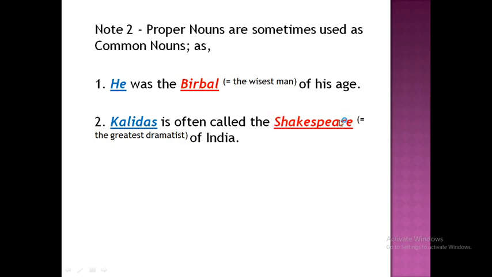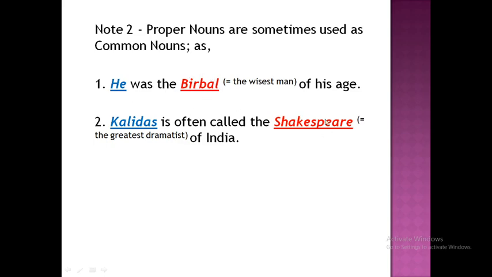Here Shakespeare is used as a kind of very much famous dramatist. So the thing is, Kalidas is referring to Shakespeare. We can refer to XYZ people as Shakespeare if they are very much good in writing. If a person is very much intelligent, we can refer to him or her as Bible.